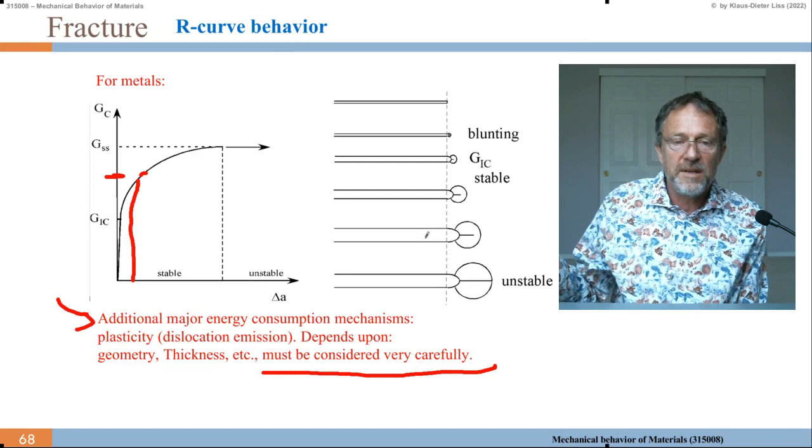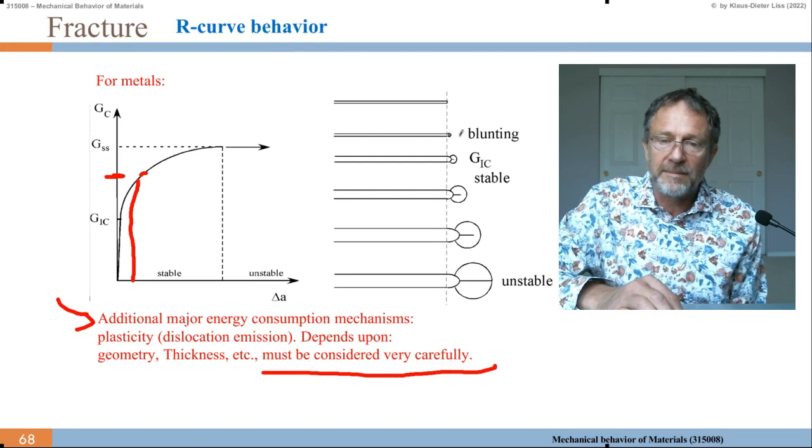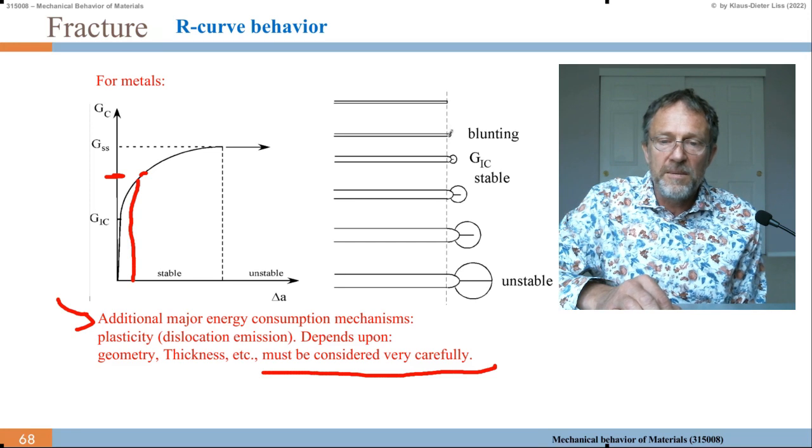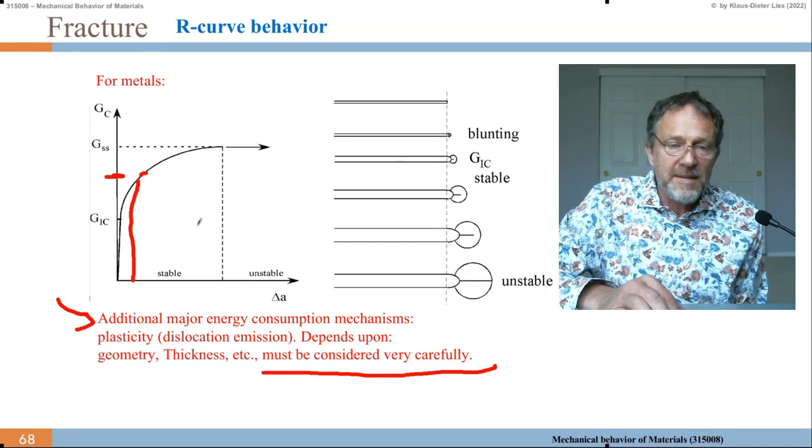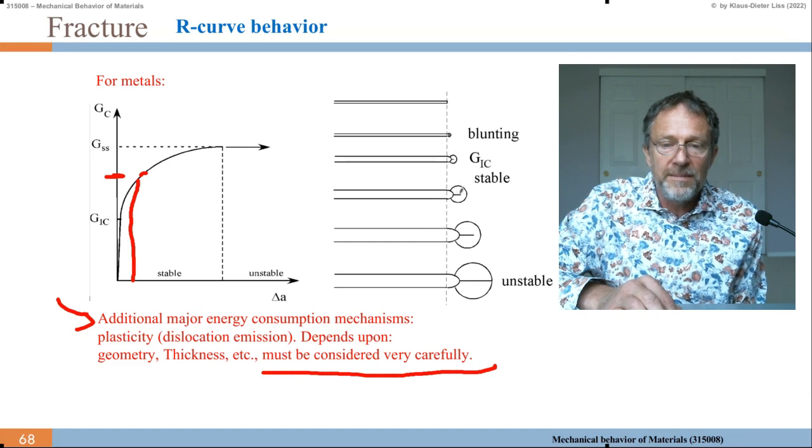And here some of the mechanisms. So for small increase we get blunting. This is just a small plastic zone here. Then we have where the GIC is stable. So the GC in the stable condition, that means I get a plastic zone, and the plastic zone is there, and the crack grows by this length, but it is within the plastic zone, so it will not grow further.